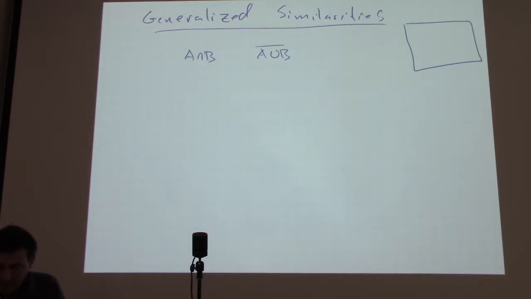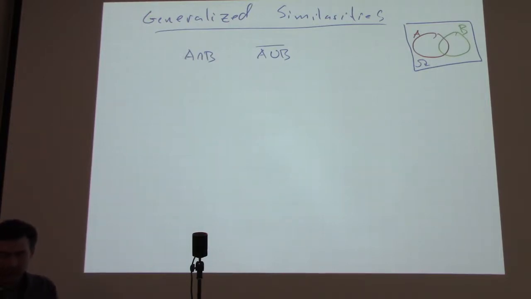So I'm going to have some overall domain, omega. I'm going to have this is A, and B. Okay, so you have A and B. The intersection is in between. The union is both of those circles.